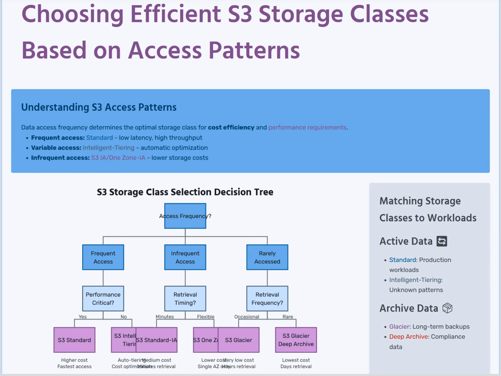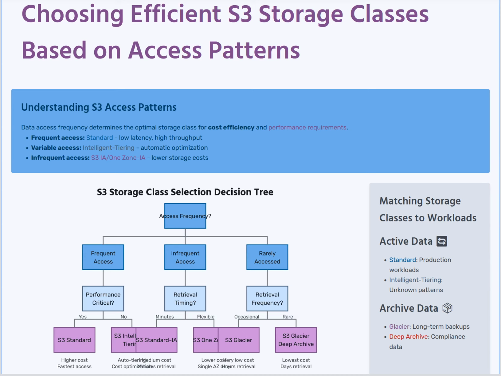So we have different classes: frequent access, Standard, with low latency and high throughput. Then you have Intelligent-Tiering, the other major class, for variable access with automatic optimization.